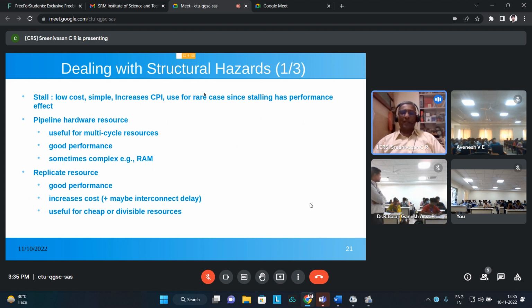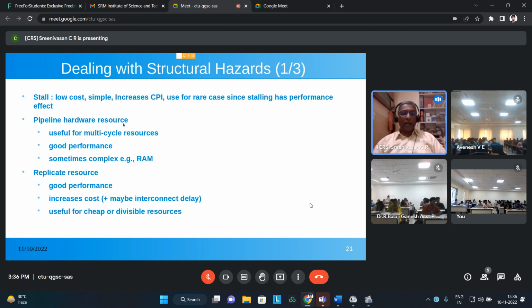Structural hazards normally do not happen in microprocessors, because when you purchase a microprocessor, they very clearly define what it can support, what it cannot support, what the drawbacks are, and how you can use different pipelines, how you can use a cache, how you can use memory. So I don't think this will have any performance impact. But if you are using it for high computing purposes, yes, it will have a performance impact. Then you have to go for a better processor.